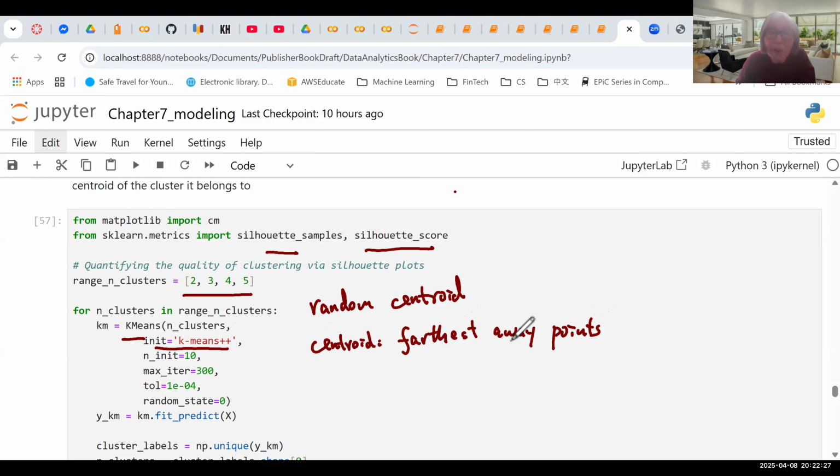So you pick further away points, then they may be in different clusters. Then gradually you move the centroid to the center of their cluster. Okay, so that's what k-means plus plus means. And then after you train, then you can predict, okay?